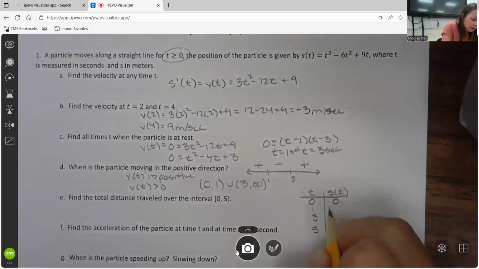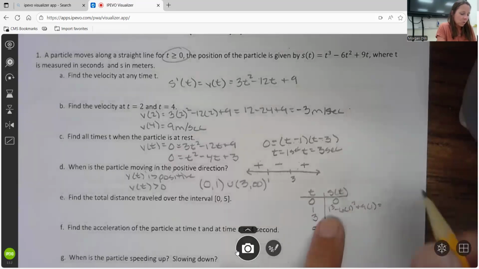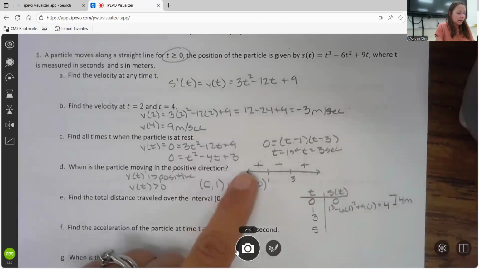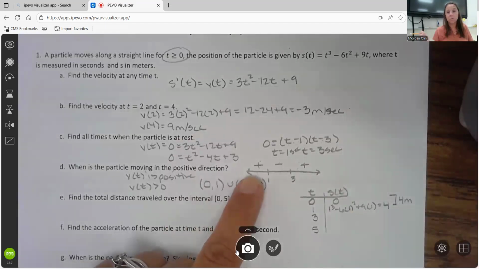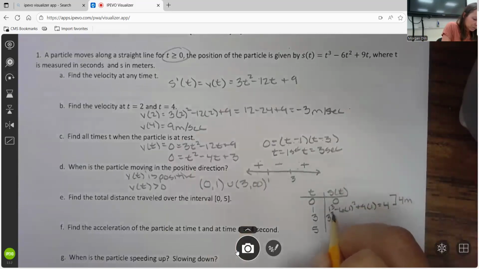Now, if I plug in 1: 1 cubed minus 6 times 1 squared plus 9 times 1 gives me 1 minus 6, which is negative 5, plus 9, which is 4. So far, I've gone 4 meters forward. Now, what about 3? 3 cubed minus 6 times 3 squared plus 9 times 3.